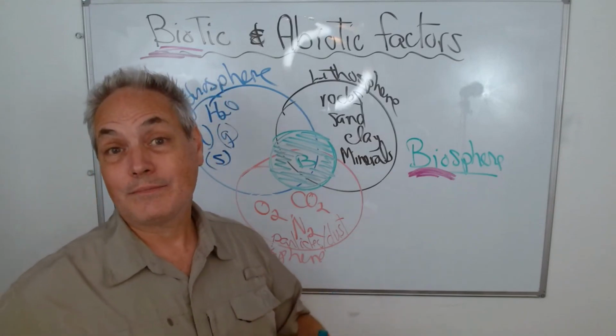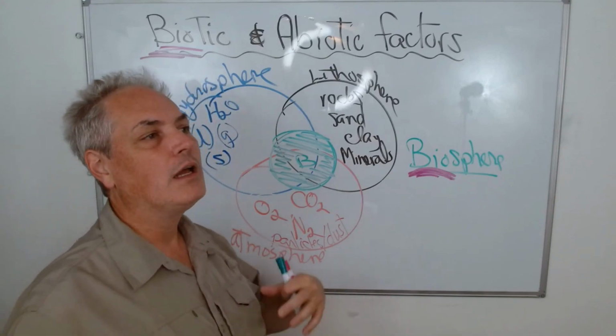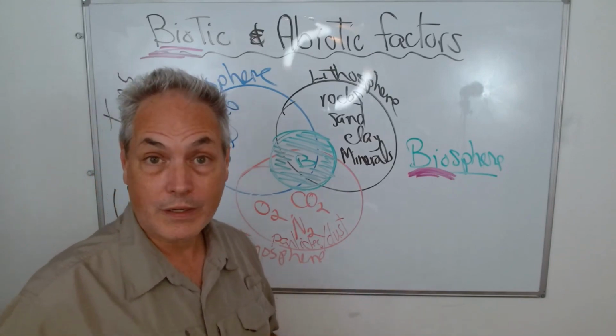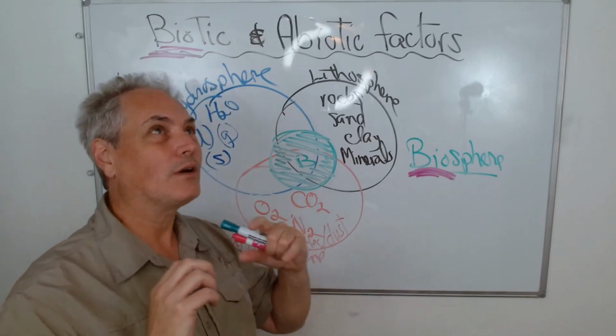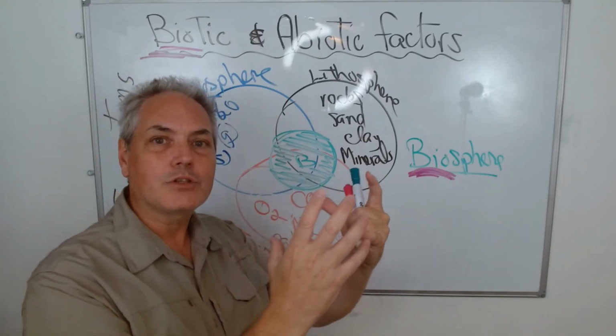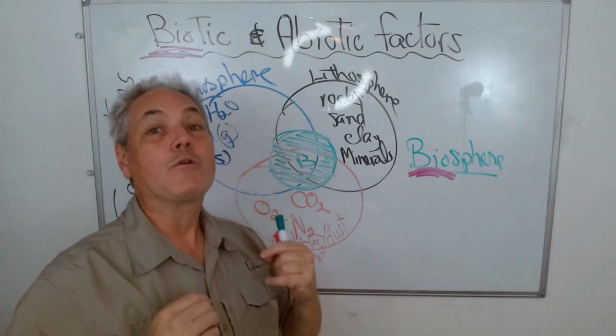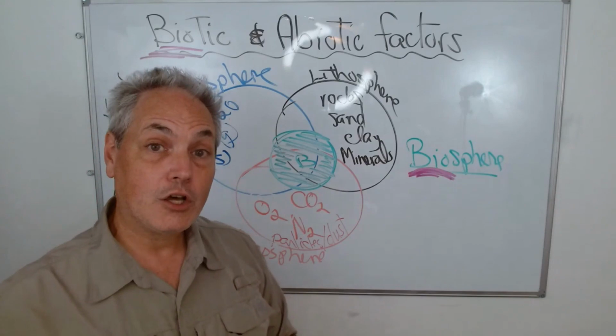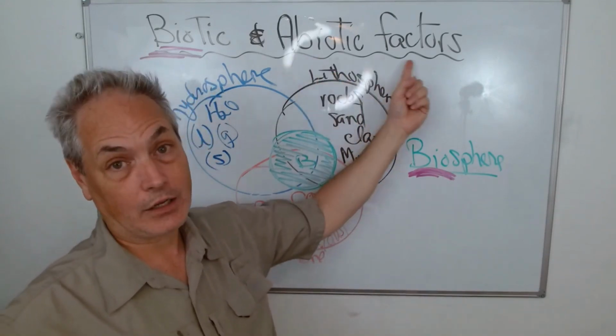But not just organisms that are living. It's also after they die, so their remains, but also their waste. As long as we recognize where they're from, the animals, their remains, or their waste, it is called the biotic factor.